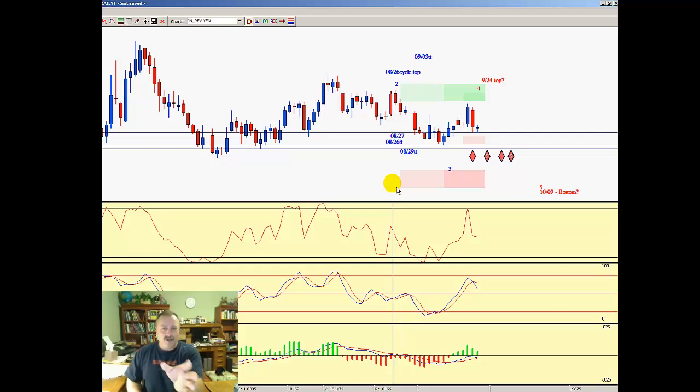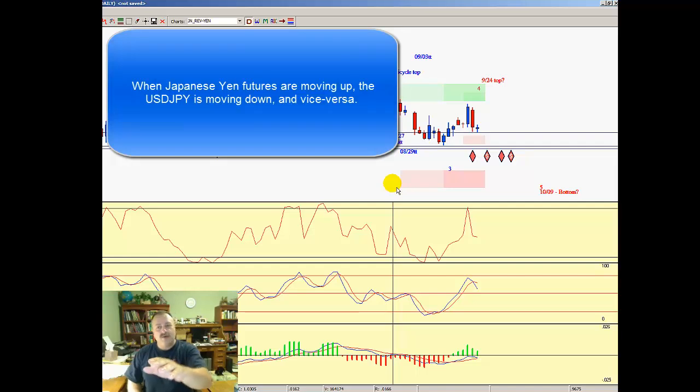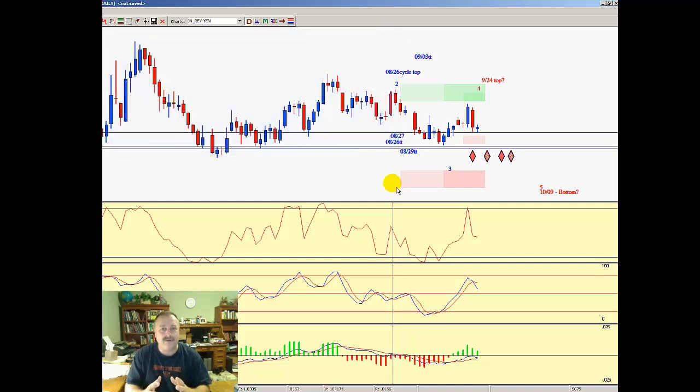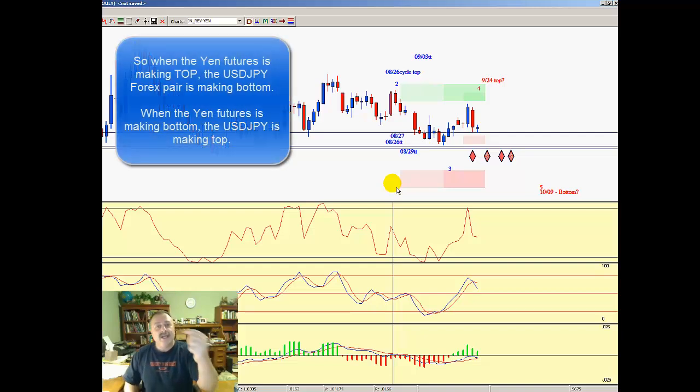Well, when the dollar is listed in the front, that means it's going to move inverse to the futures. So in other words, here I am talking about the Japanese futures likely going to make a cycle top and move down into around the October 9th time period. In the Forex, the USD JPY, the opposite.